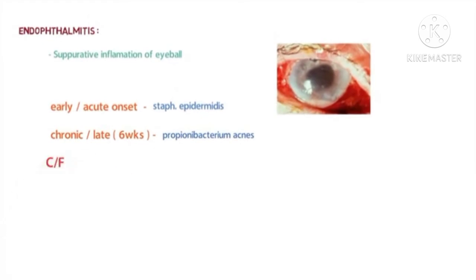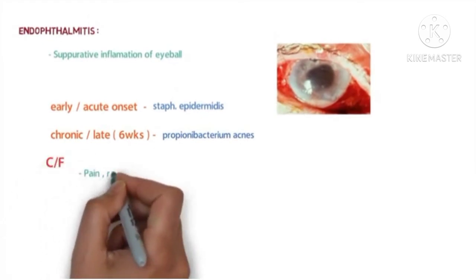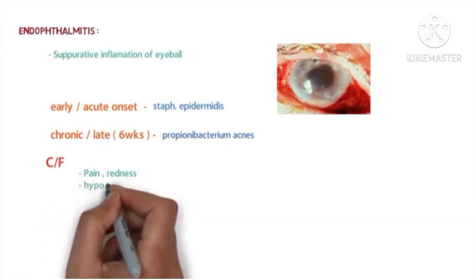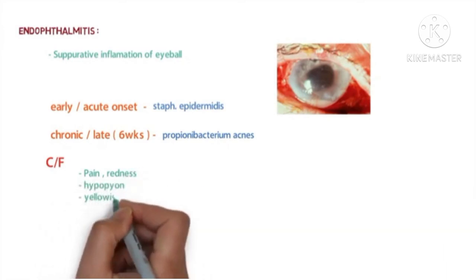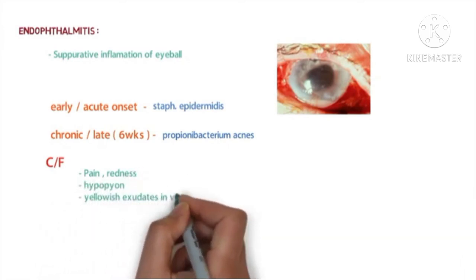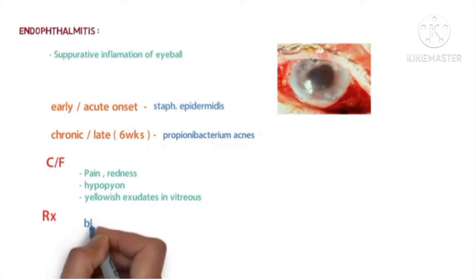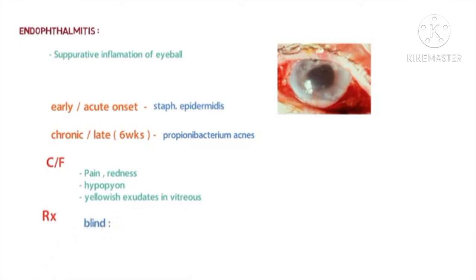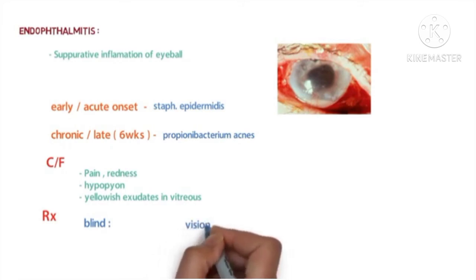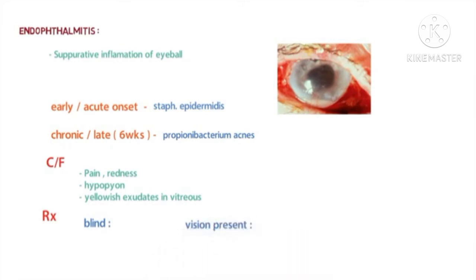Clinical features are pain, redness of the eye, hypopyon, that is pus in the anterior chamber, and there may be yellowish exudate in the vitreous. The treatment of endophthalmitis can be divided into two parts, that is when the person is totally blind and when vision is present.